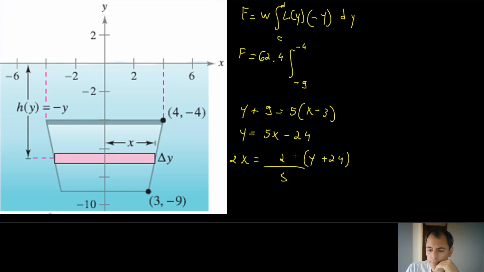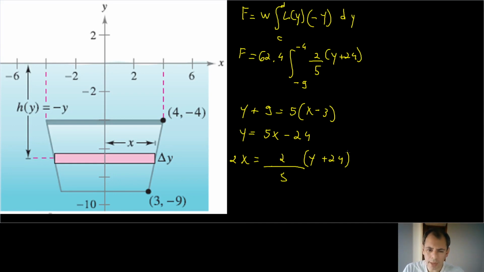All right, so this is going to be the value of x, which is actually this is 2x. And you got to put that in Ly here. So the Ly is going to be 2/5 times (y plus 24). I have such a hard time making a 5. And then you have the depth, which is just going to be minus y.